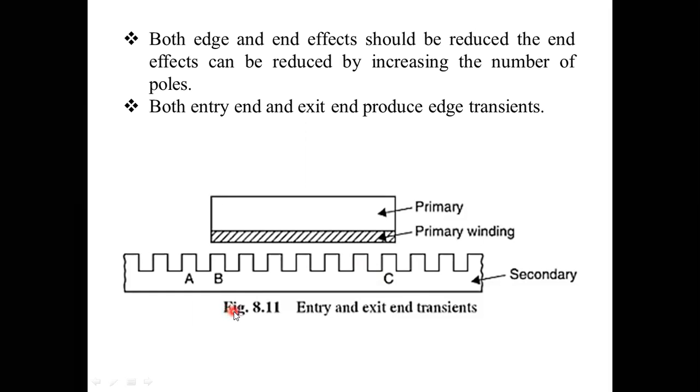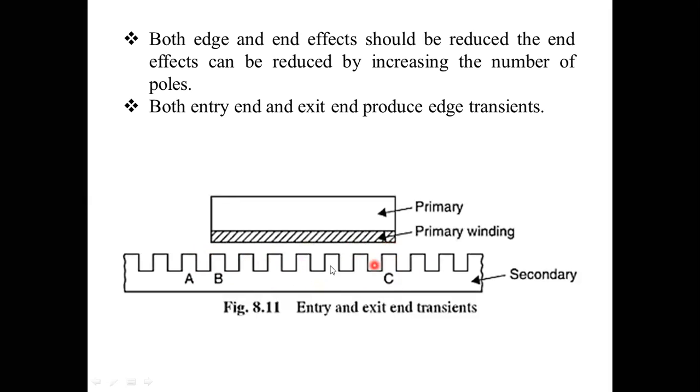Similarly at the exit end, tooth C has current during this movement. As the secondary moves, the teeth at the entry and exit ends carry currents. This results in increased losses of the motor. While moving the secondary from the A slot to the C slot, A has no flux, but B has flux and C also has flux.